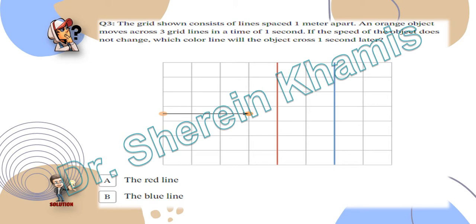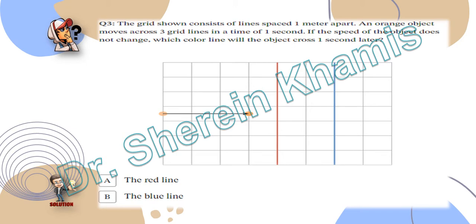So if it moves one position, it means it makes 3 lines, forming one movement each 1 second. Okay, in a time of 1 second. If the speed of the object doesn't change, each movement makes three grid lines in 1 second.